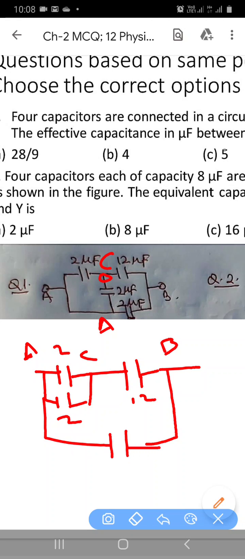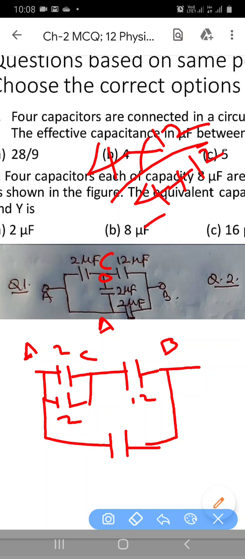So all 4 capacitors are here connected in this way. So 2 and 2 in parallel, so 4 microfarad, and 4 and 12 in series, so 4 into 12 upon 4 plus 12, that is 48 upon 16, this will be 3 microfarad, and 3 and 2 microfarad are in parallel, so net capacitance between A and B will be 5 microfarad.